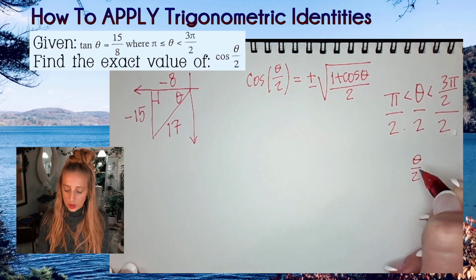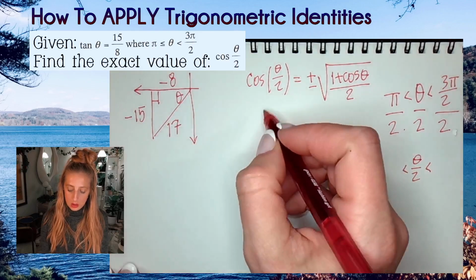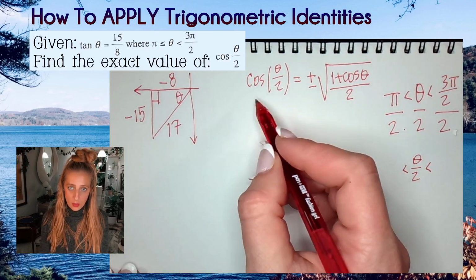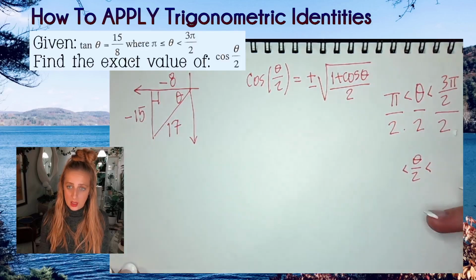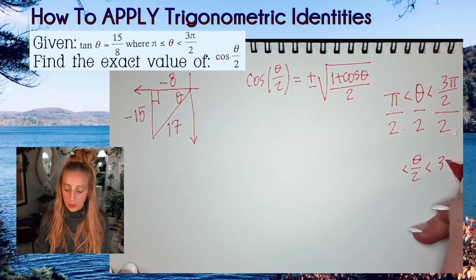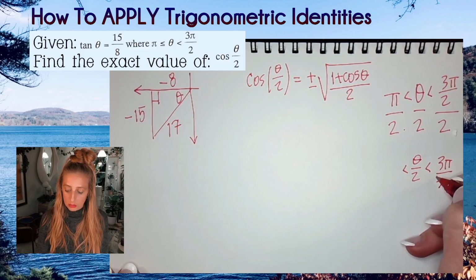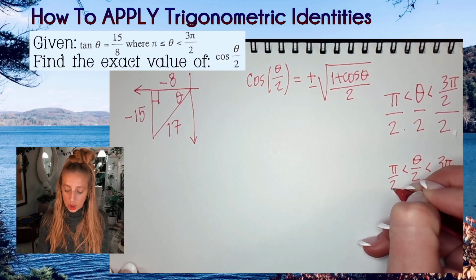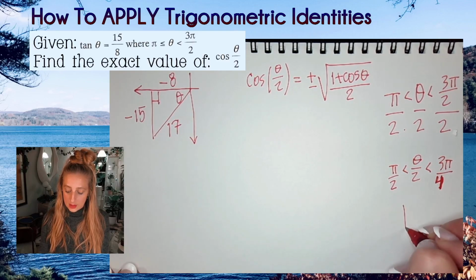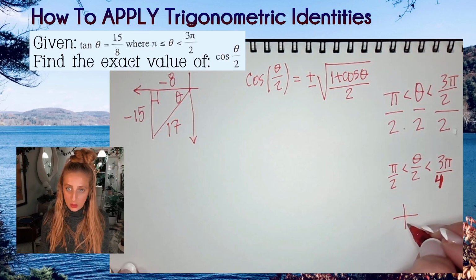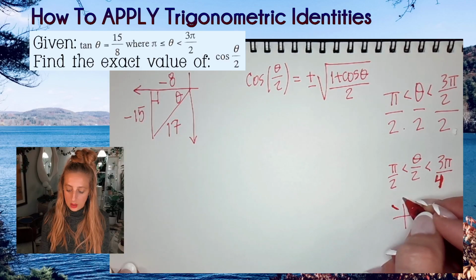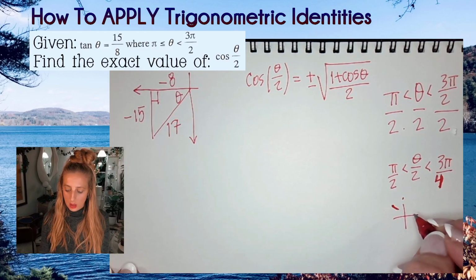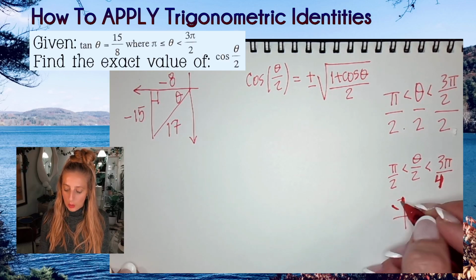That theta over 2, the angle in question for the problem, is between pi/2 and 3π/4, half of 3π/2 being 3π/4.